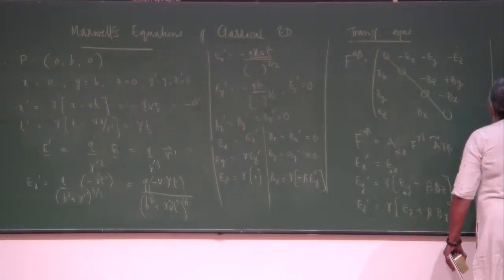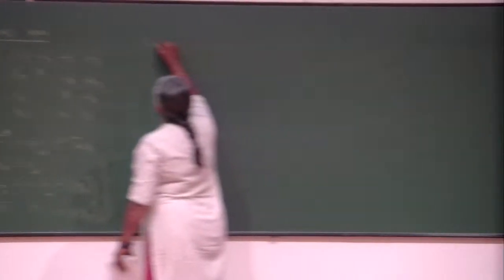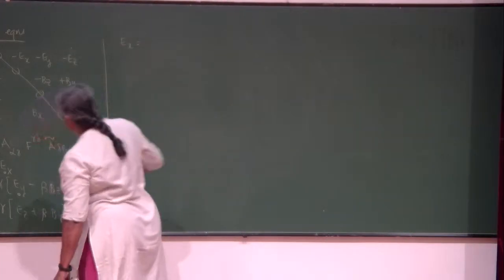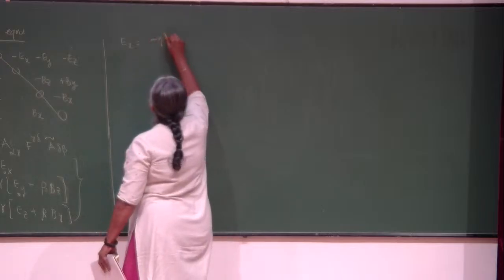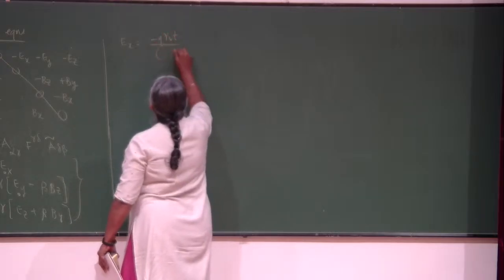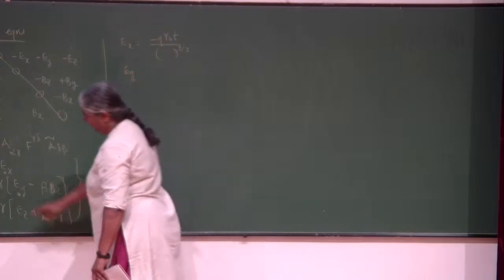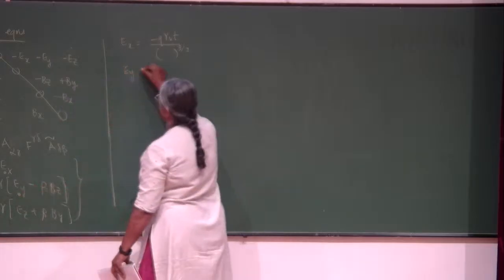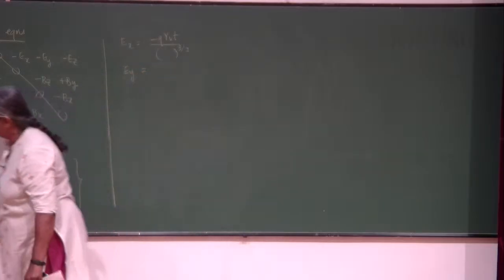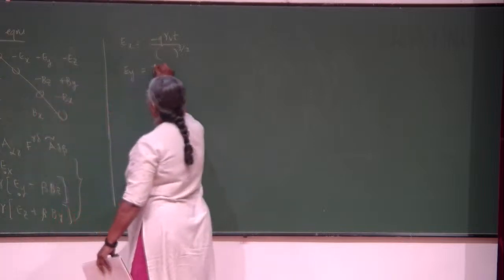Let me write them down. So Ex and Ex prime are the same. So Ex is simply that minus Q gamma Vt by, okay. So Ey will become gamma times Ey prime.